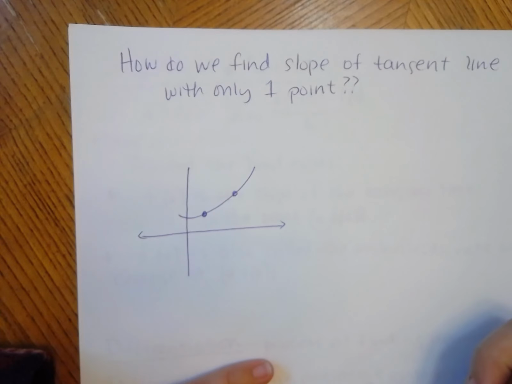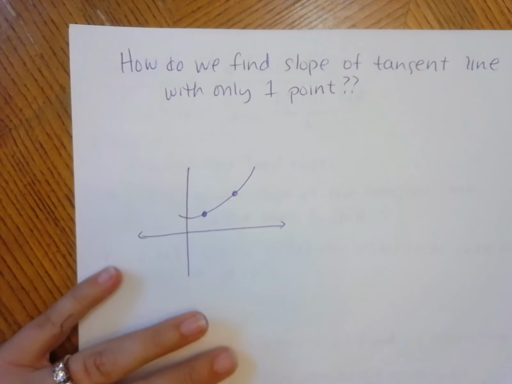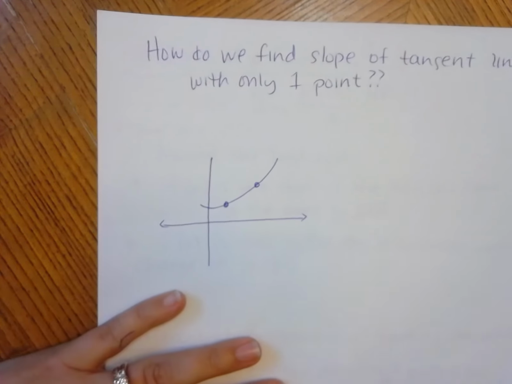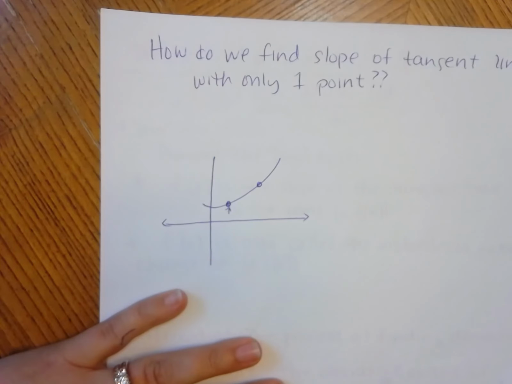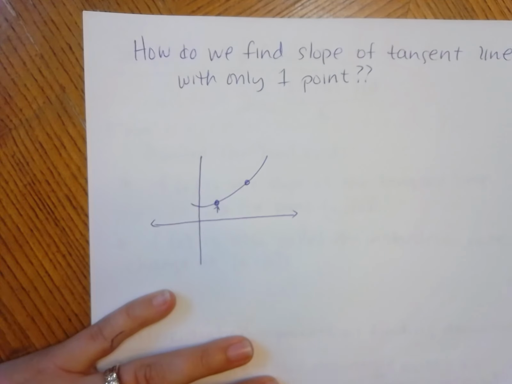What we did before is, I can calculate the slope between the point and a little bit to the right or left. I'm just going to use to the right of it because it's the easiest thing to draw. So I have these 2 points here. Let's say I want to find the slope of the tangent line at this specific point.